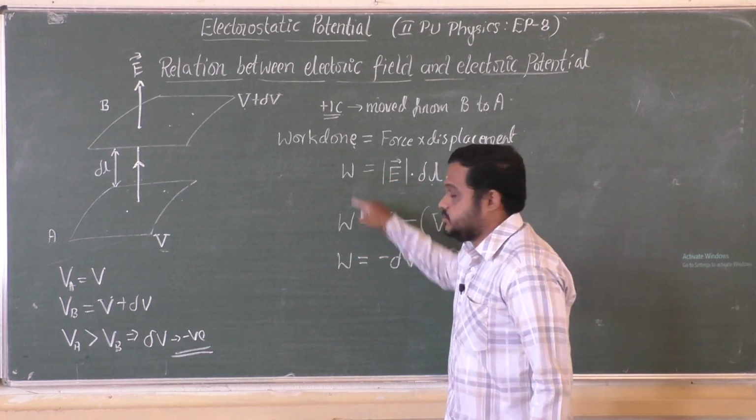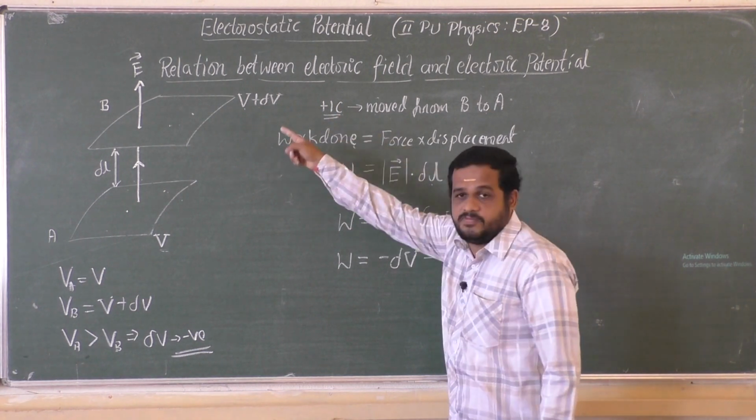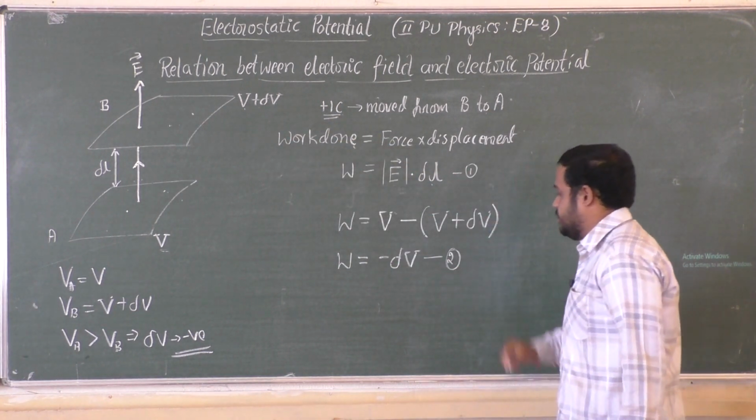The left hand side is the same quantity, work done in moving a unit positive charge from B to A, and we have two different equations.